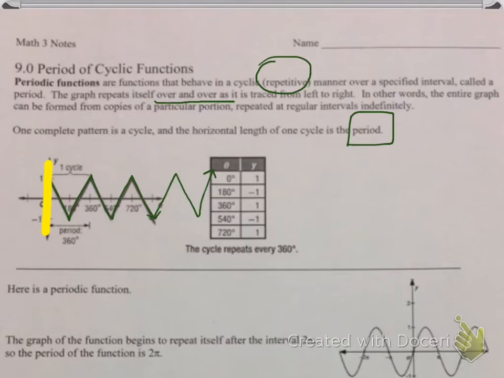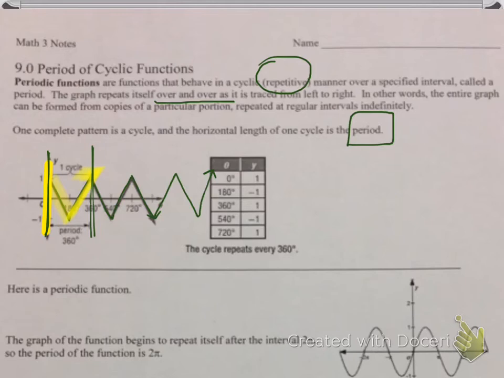If you notice here, when we start at 0, it starts up here at 1. Then it goes down, and then back up, and that would be the spot where it looks like it's going to start repeating, because it's down and then up, down and then up. So we're going to see the interval that it took from here to here for that pattern to start repeating itself.